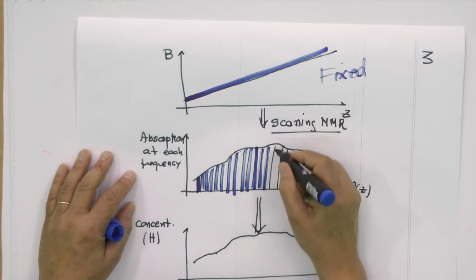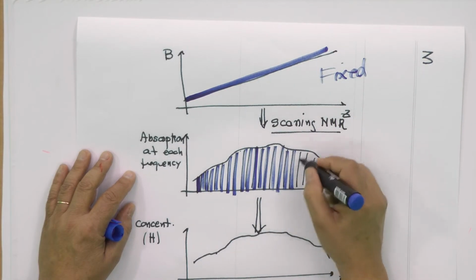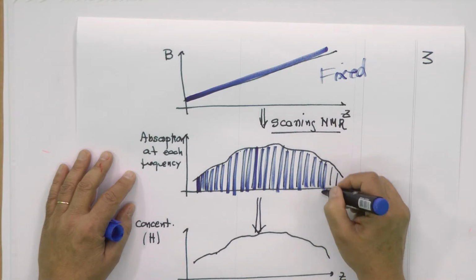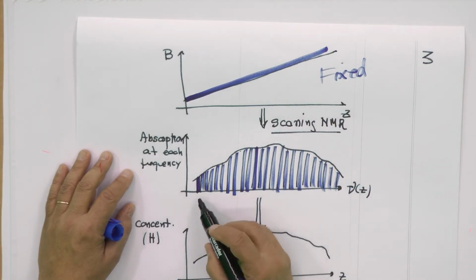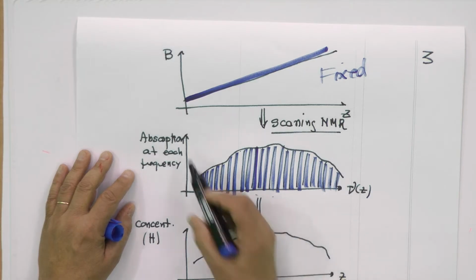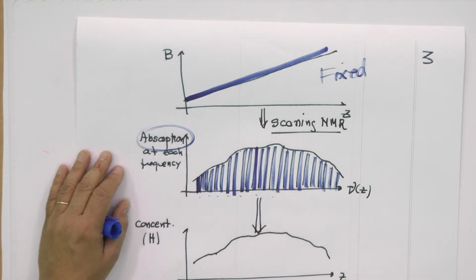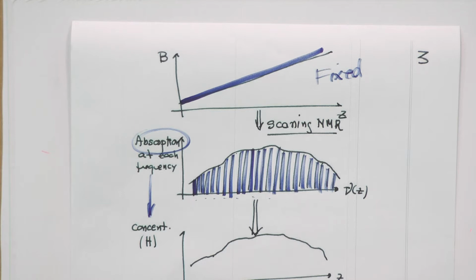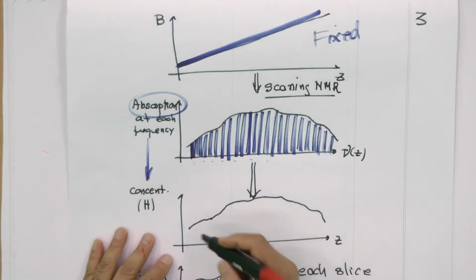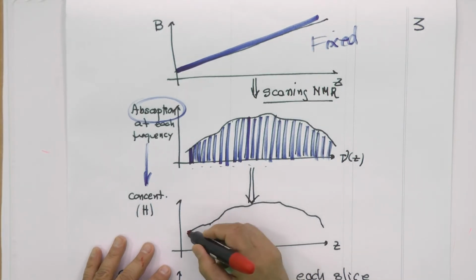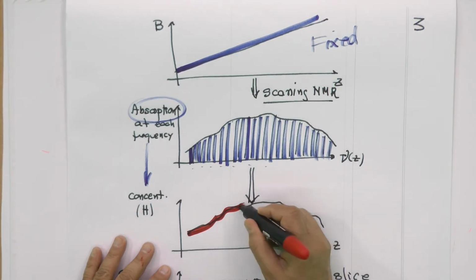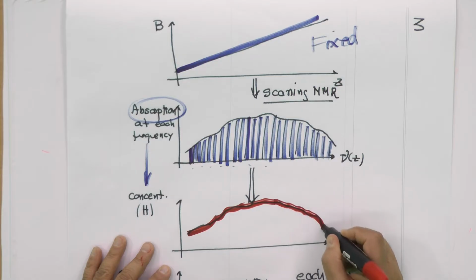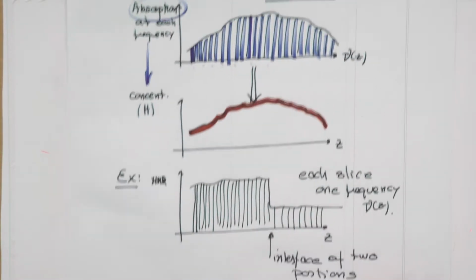So I do slicing, and I identify each position. So I have a collection of spectra for each position. I measure the absorption, but then I convert the absorption into concentration of hydrogen. There is a full relation with that. And then I draw here the concentration of hydrogen as a function of Z.